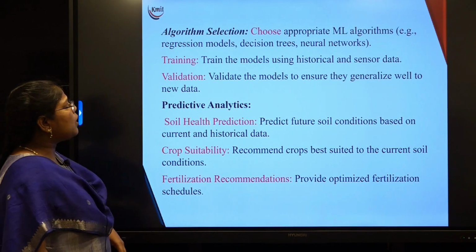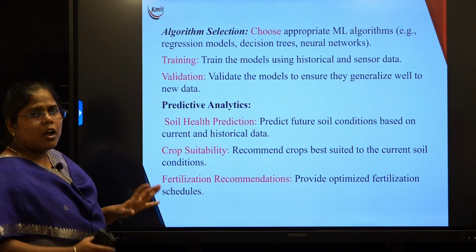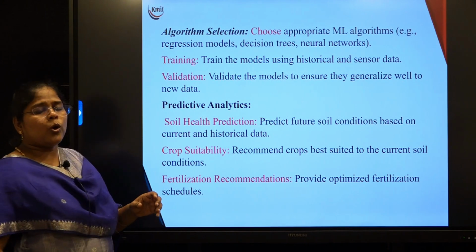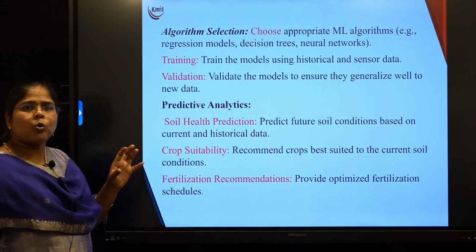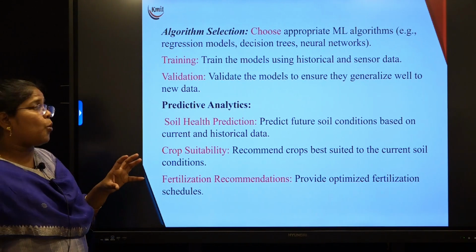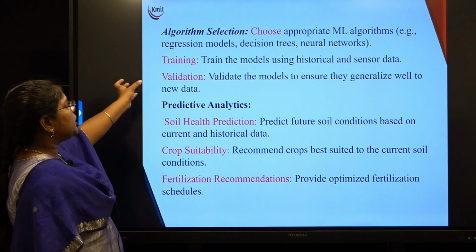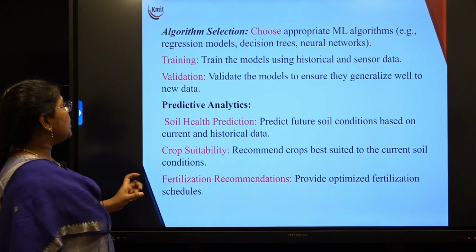Next, after getting the pure or quality data, we start designing the algorithm. Here selecting an algorithm is very important. Choose the appropriate algorithm like regression models, decision tree or neural networks.